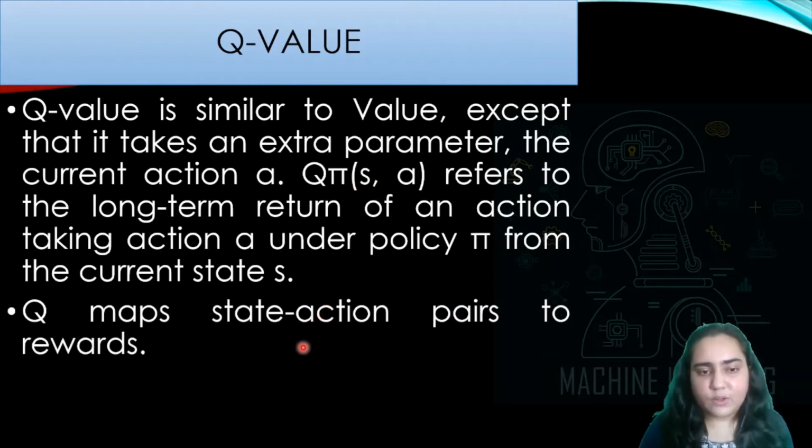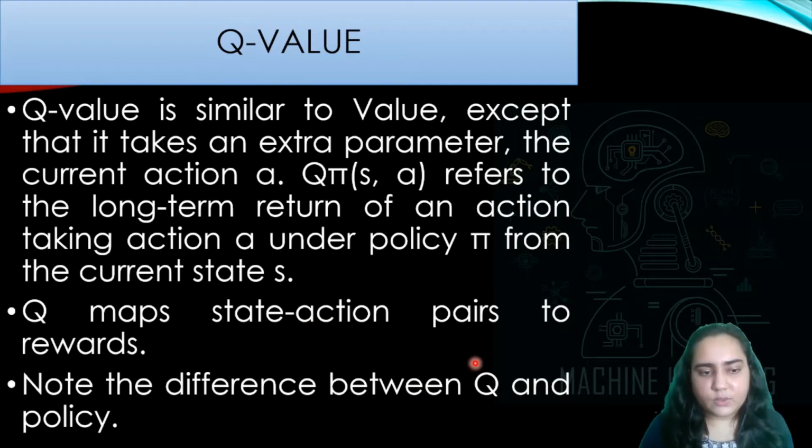It maps all the state action pairs to different rewards. Note the difference between Q and policy. Policy is something else because policy is about knowing everything with what kinds of rewards you can get, but Q is sort of a quantity that you can calculate.